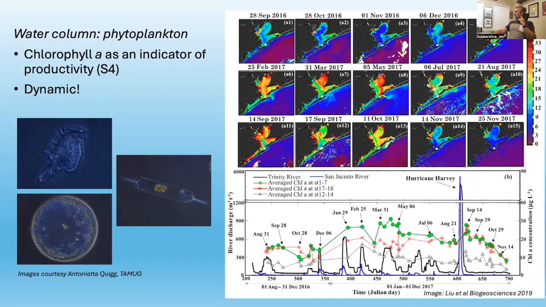But you can see here across time the inflows from the Trinity and San Jacinto rivers as it goes through here. And you can also see the concentrations of chlorophyll A. So you've got this graphically, and you can see over the winter, the amount of chlorophyll that's being produced is somewhat lower on a relative scale.